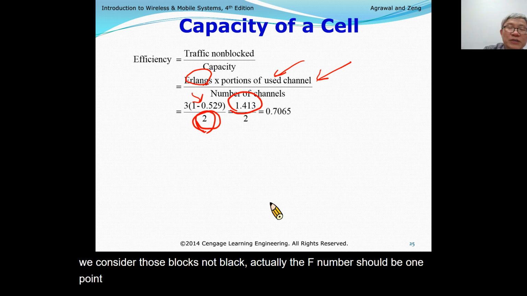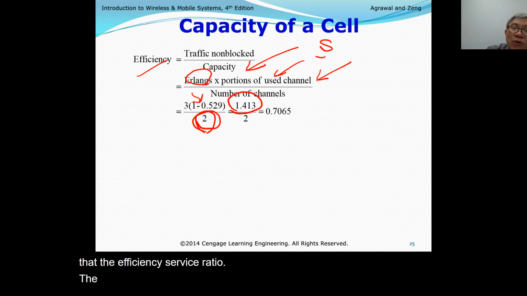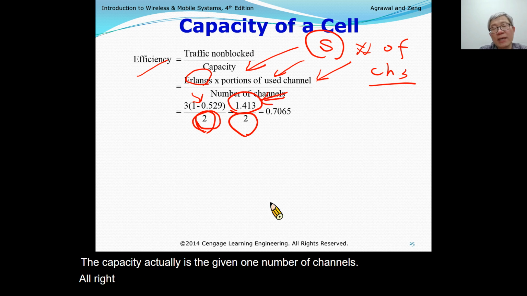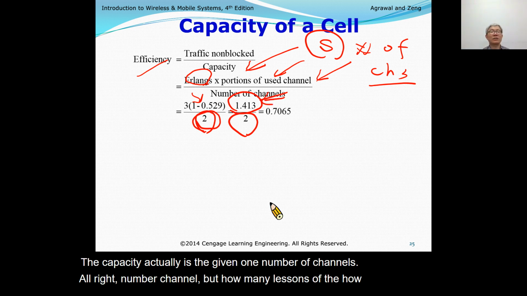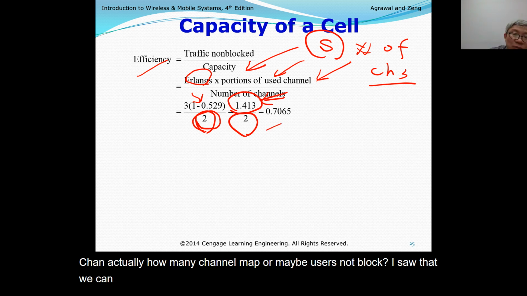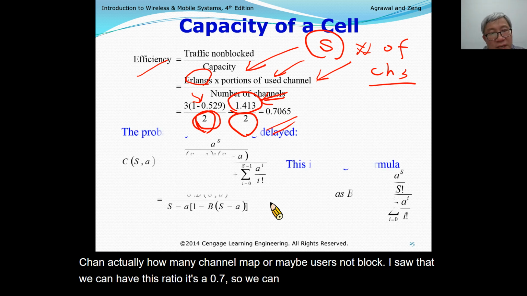So the efficiency serves as a ratio. The capacity actually is the given number of channels. Based on the overload, how many channels, or maybe users, are not blocked, so that we can have this ratio. It's 0.7, so we can have the calculation of efficiency.